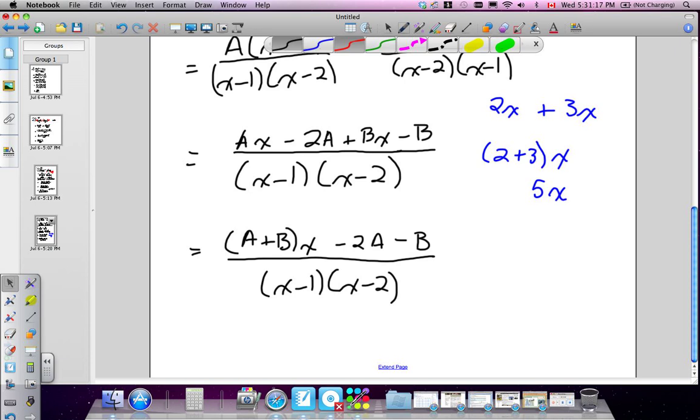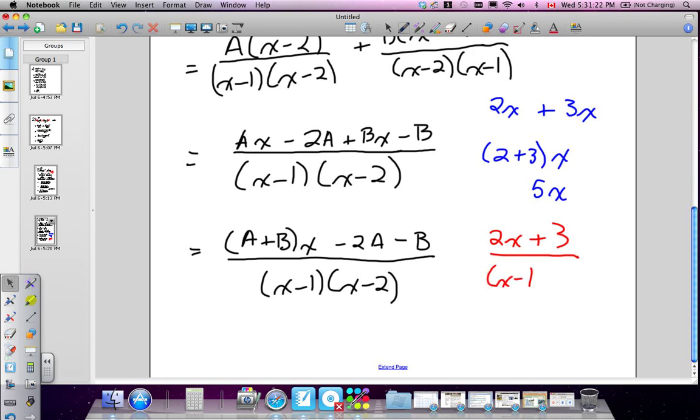So if you take a look at this, our denominator is the same, and they have an x here, we have an x here. The coefficient is going to be 2, so I know my a plus b is going to need to add up to 2, whatever the two numbers are. I also know that negative 2a minus b is going to have to become 3.